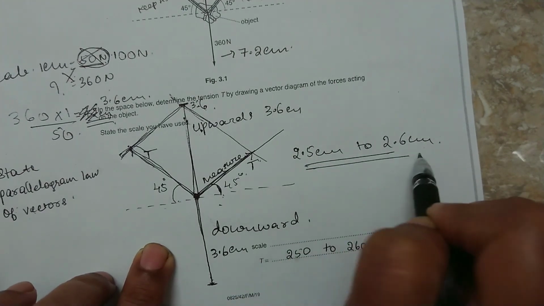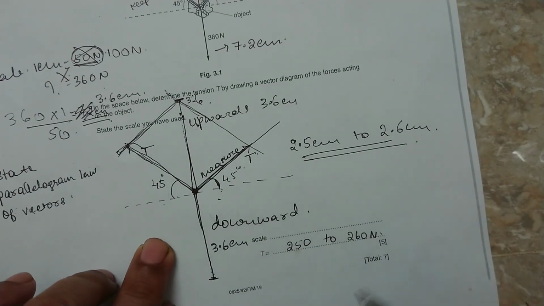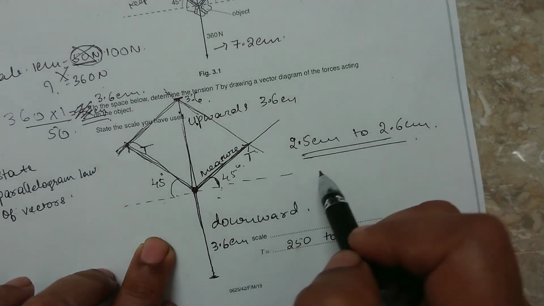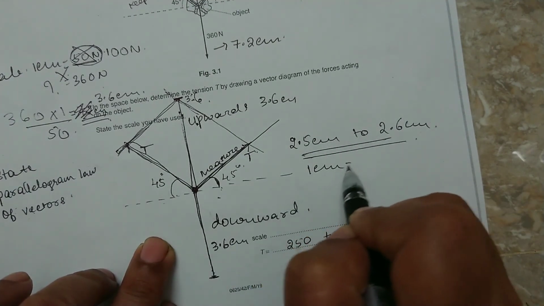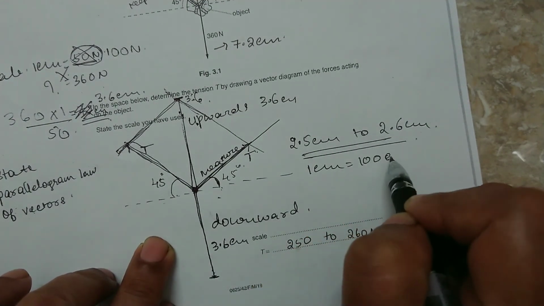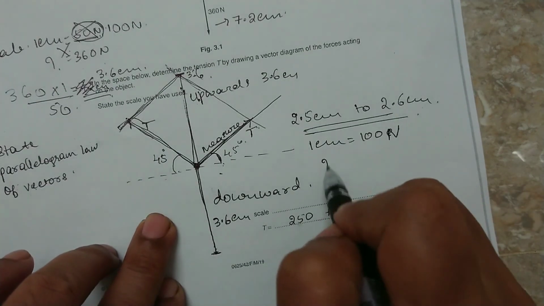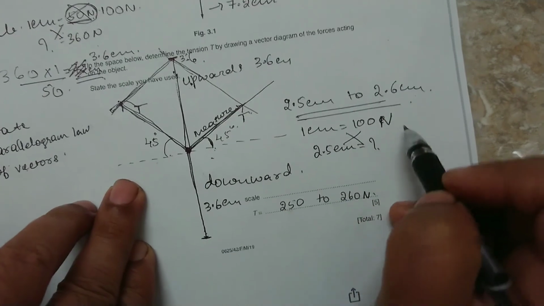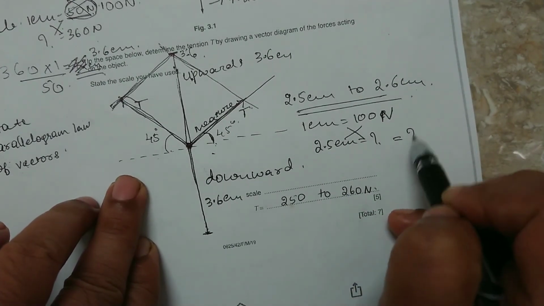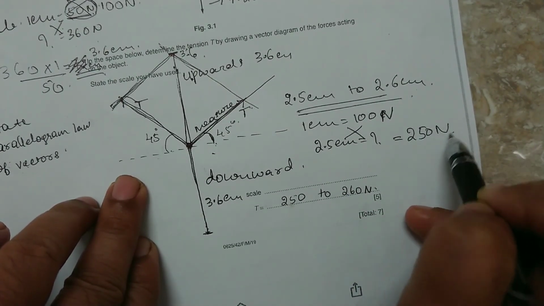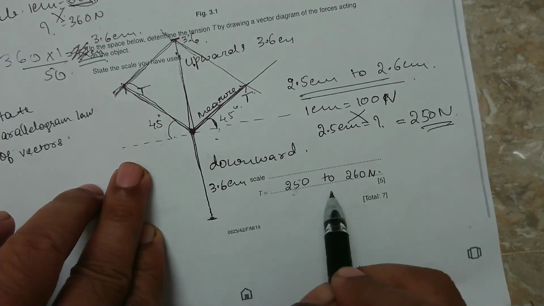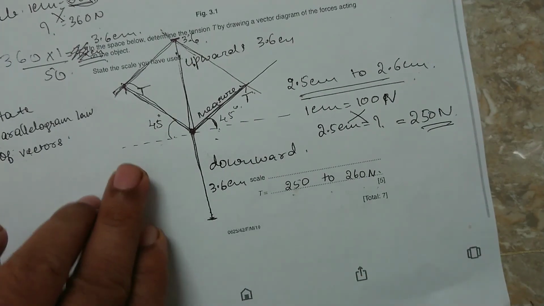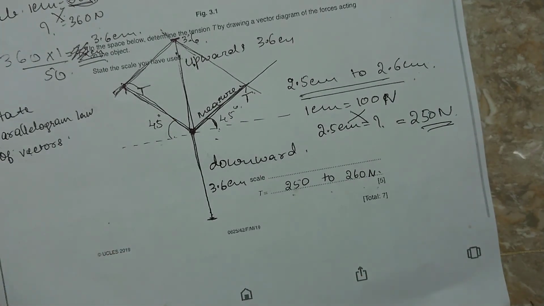Then you convert that into Newton. 1 centimeter is representing 100 Newton. Therefore 2.5 centimeter is equal to how much? Cross multiply, you will get 250 Newton. Your range is 250 Newton to 260 Newton. Hope you understood.